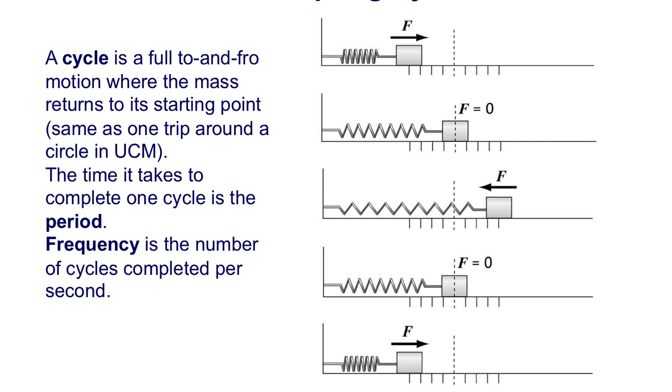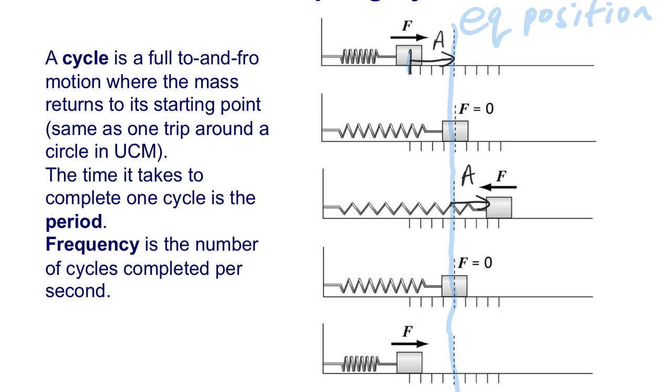Okay, so let me just be sure that you understand that this is the equilibrium position. So how many amplitudes does it travel here? From here to there is 1 amplitude. And then from there to there is another amplitude.